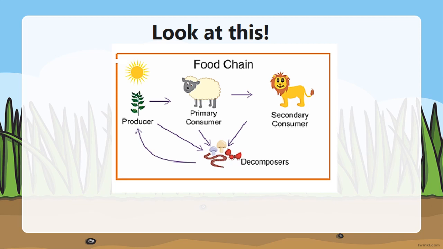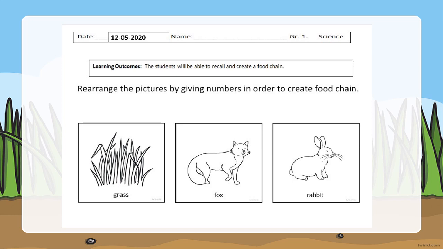We call this a transfer of energy. It is like the energy is handed from one creature to another in a long chain. Now I know about a food chain and I know about transfer of energy as well.